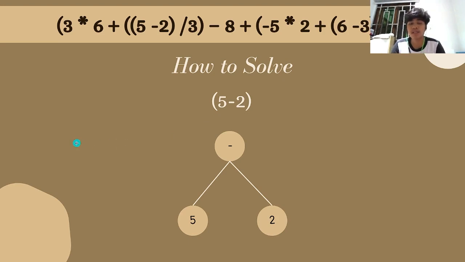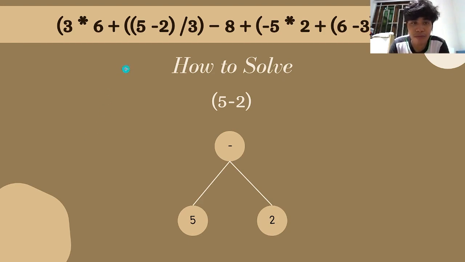We also have the PEMDAS rule: parentheses, multiplication, division, addition, and subtraction. We will follow that method to convert these arithmetic expressions into a binary tree.